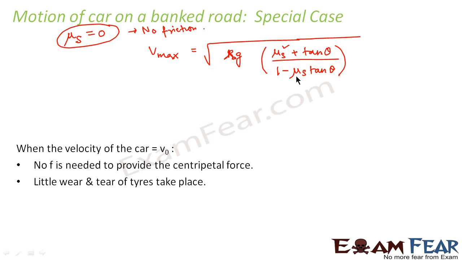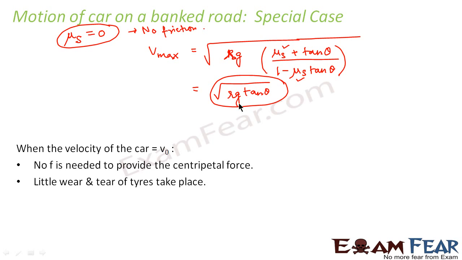Now if mu s is equal to 0, in that case this value would become root over R g tan theta. This would become the value of maximum velocity. So what do we infer from this? We mean to say that when there is no frictional force, the maximum velocity of the vehicle is equal to this much.